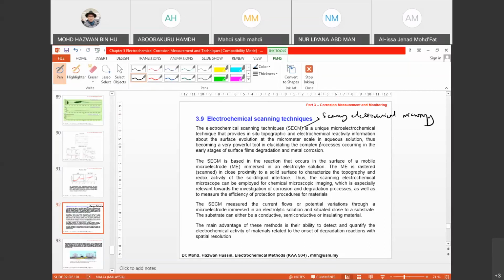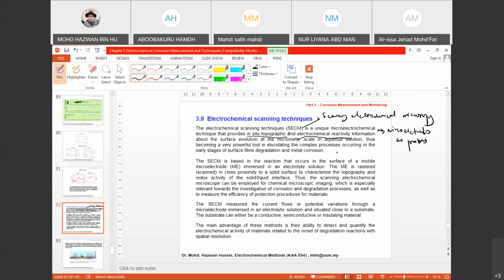So in this technique, it uses a unique micro electrochemical technique. It uses microelectrodes as probes that provide in situ topography and electrochemical activity. So you will see the topography, and at the same time you will see the difference in potential and current.